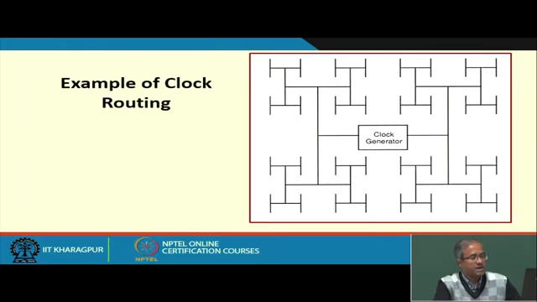Of particular importance is clock routing. Clock is a very important signal. There are many sequential circuit elements all throughout the chip, flip flops, registers, counters, they all require clock. Because typically clocks are edge triggered, many of the flip flops get triggered by their edges.